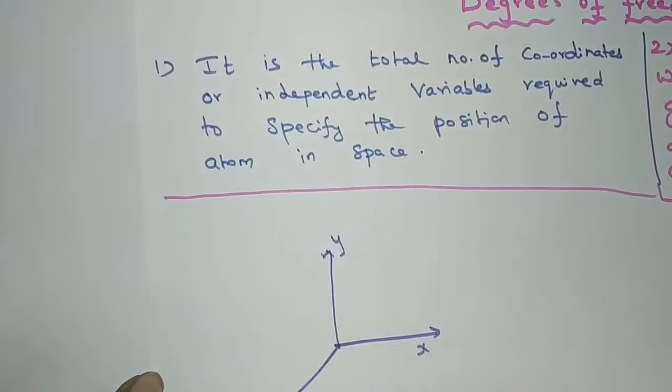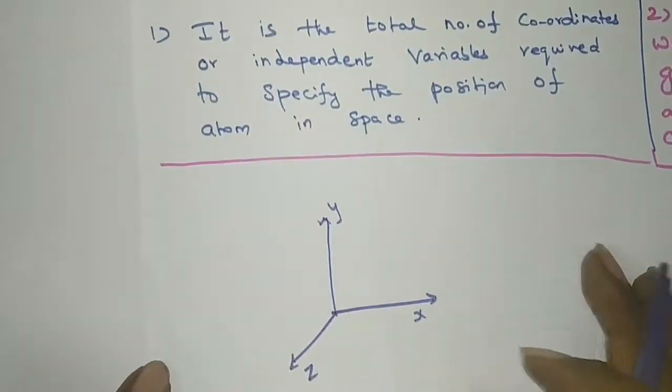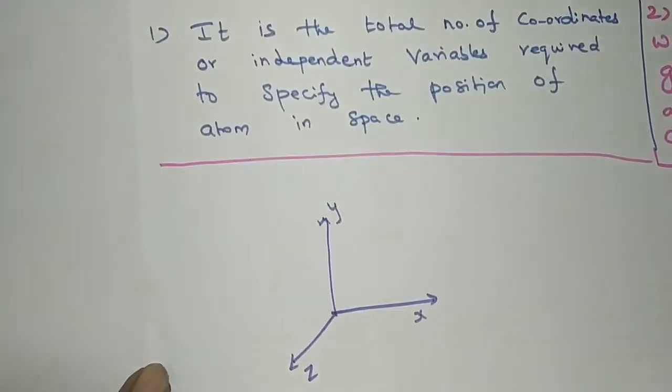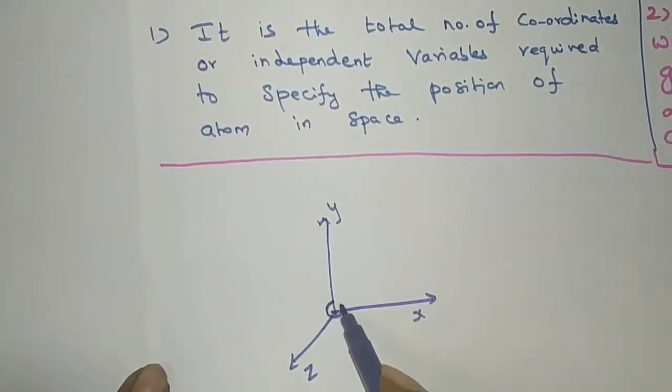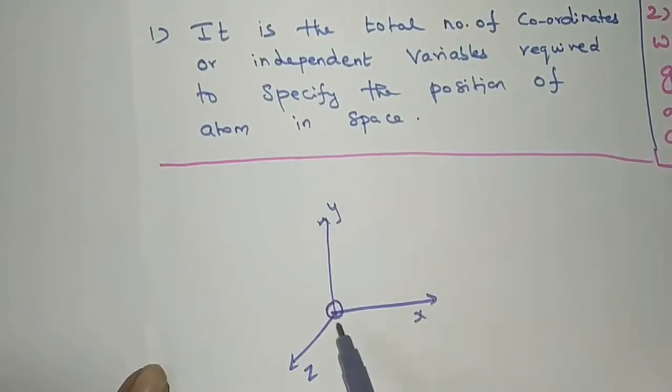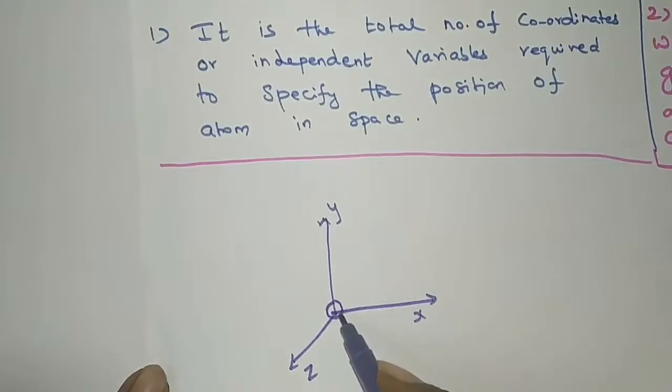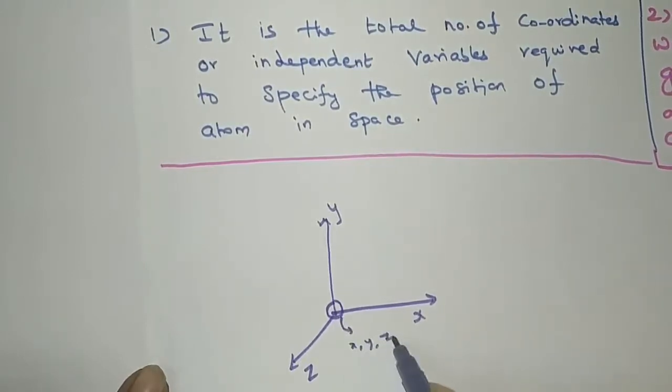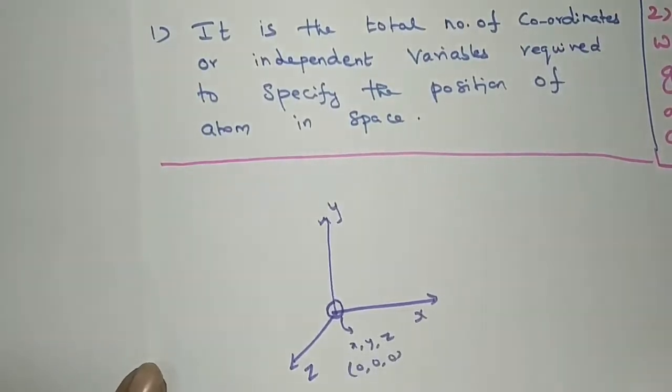So I write like this. This is z-axis. If I have an object, like an object is here, how will you describe its position? It is at the origin. So x comma y comma z is 0 comma 0 comma 0, like this.